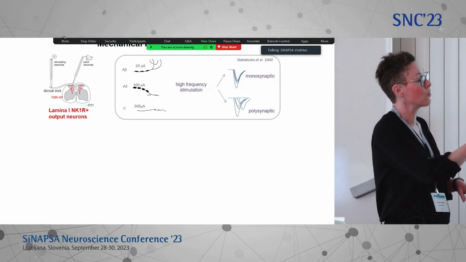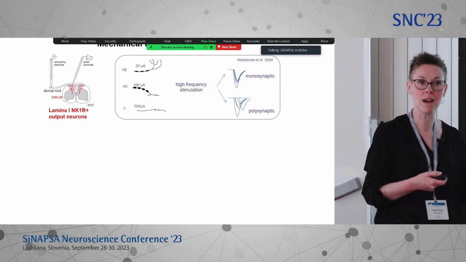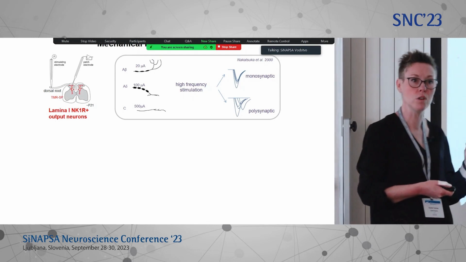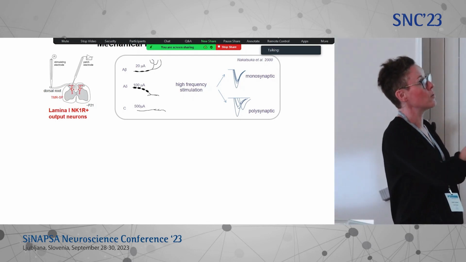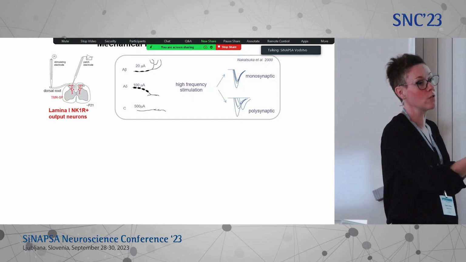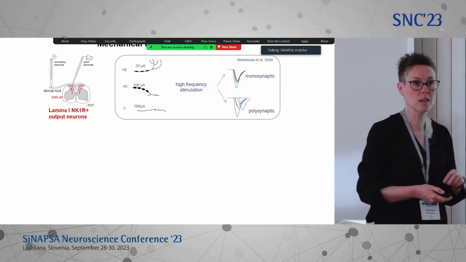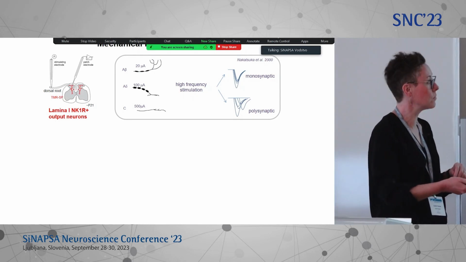And using different electrical stimulation intensities and parameters, we can characterize the sensory input to the neurons, whether they're A beta or C, and also determine whether inputs are direct, monosynaptic, or indirect, polysynaptic.